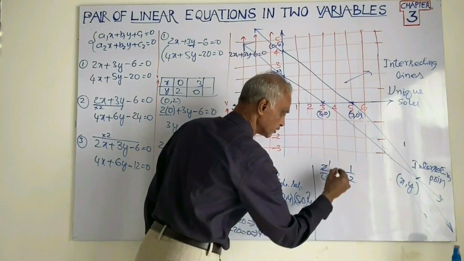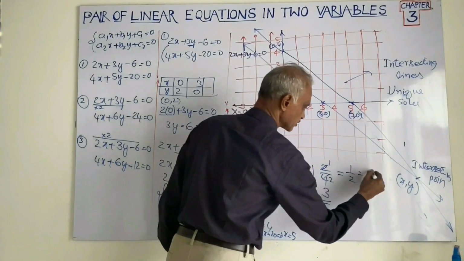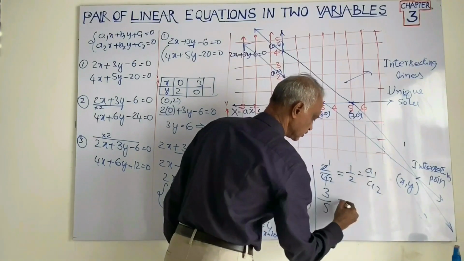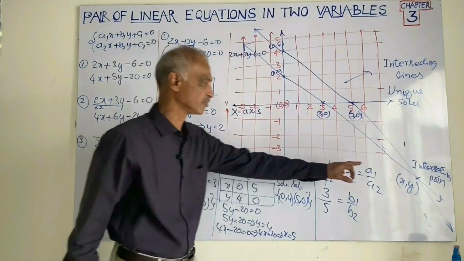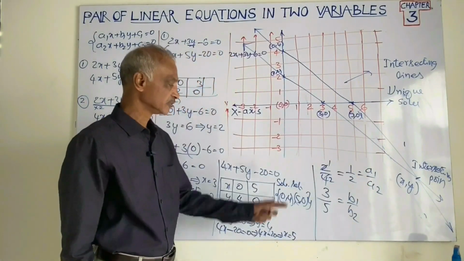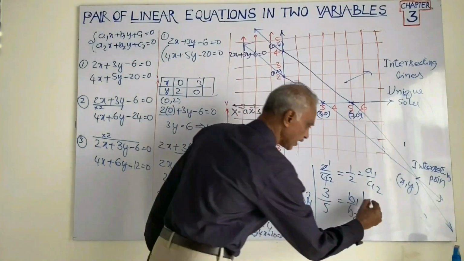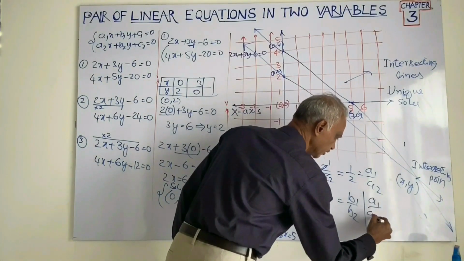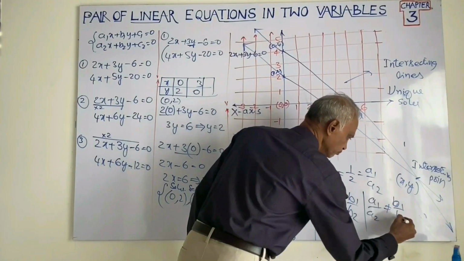This is a1 by a2 and this is b1 by b2. They are not equal to each other. For intersecting lines, a1 by a2 is not equal to b1 by b2.